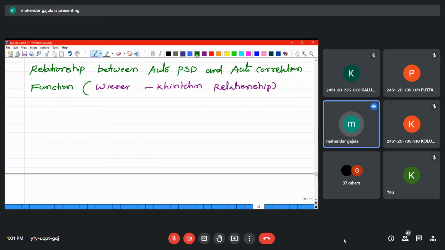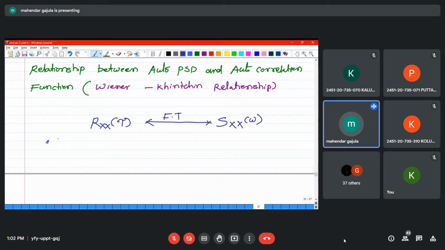What is the relationship? R-X tau, apply Fourier transform on this, it gives auto prospector density. This is the relationship between auto prospector density and autocorrelation.